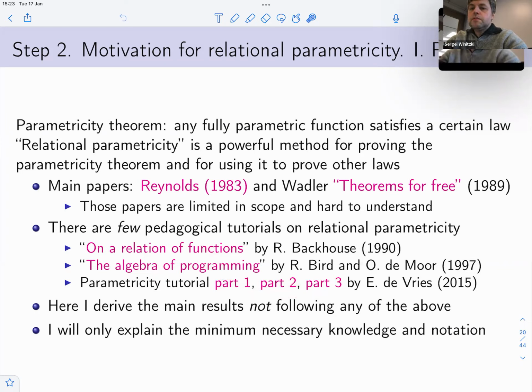So in this tutorial, I derive all the main results from the parametricity theorem and naturality laws and other laws, but I'm not following either of these papers or these tutorials. It's my own tutorial where I only explain the minimum necessary knowledge. I do not introduce a lot of concepts, a lot of notation, unless it is absolutely necessary.